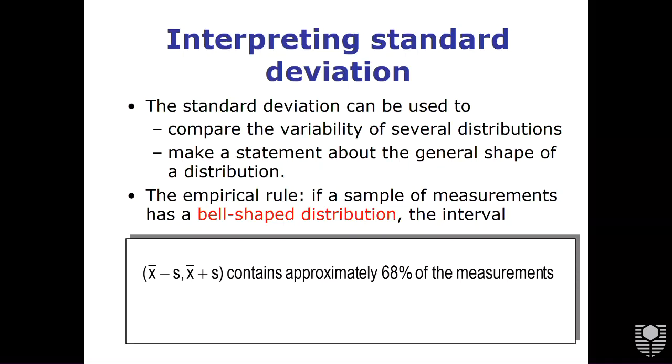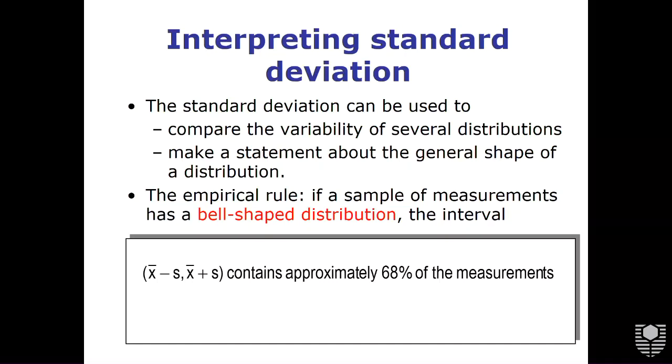So standard deviation can be used to compare variability and make statements about the general shape of a distribution. How? We have the empirical rule. What does empirical rule mean? Bell shape, exactly.